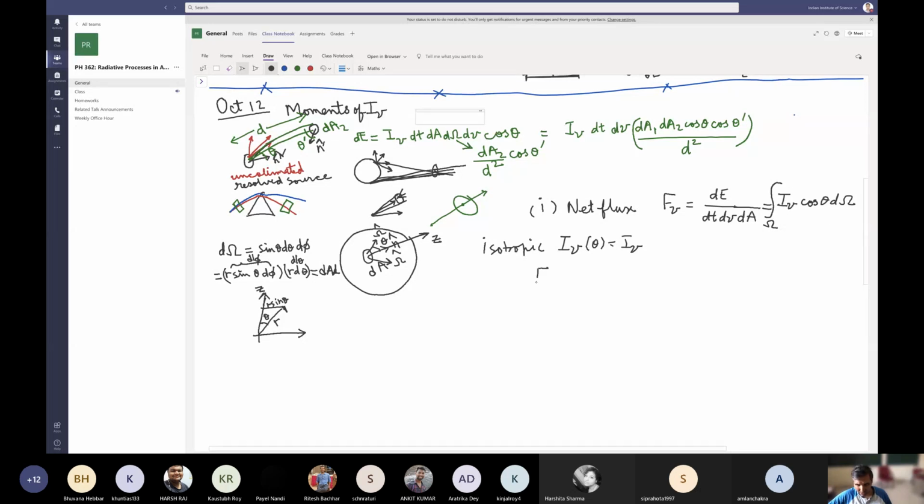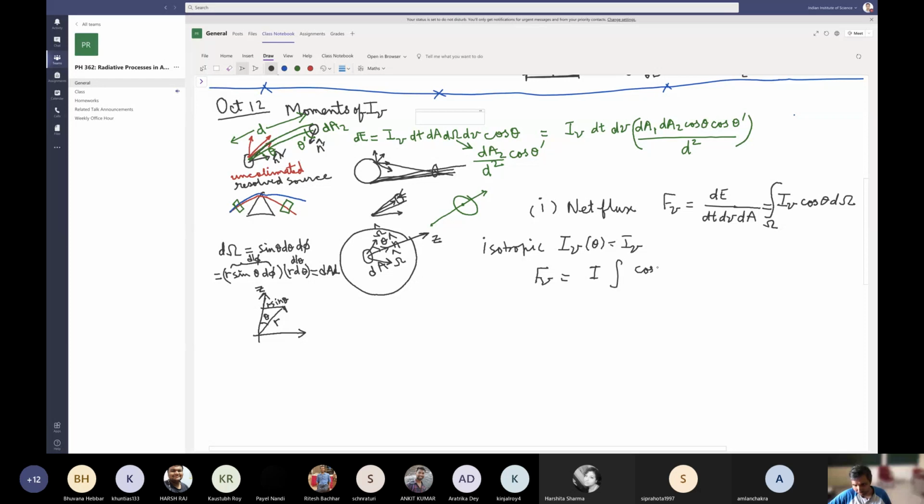So this integral, F nu, is equal to what? If I nu comes out of that integral, what is F nu? Zero. Right, because I nu now becomes I, a constant. It comes out of this integral.